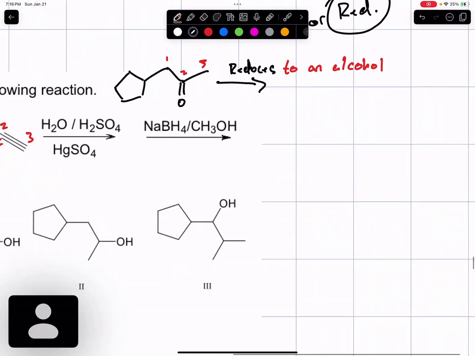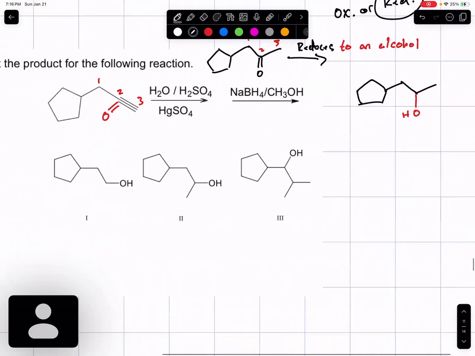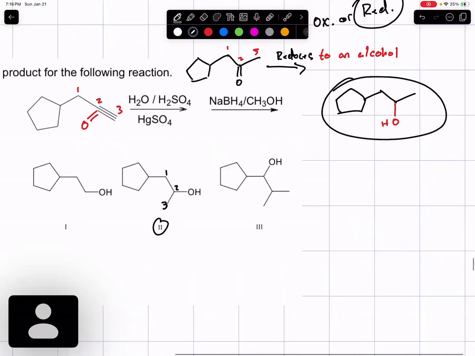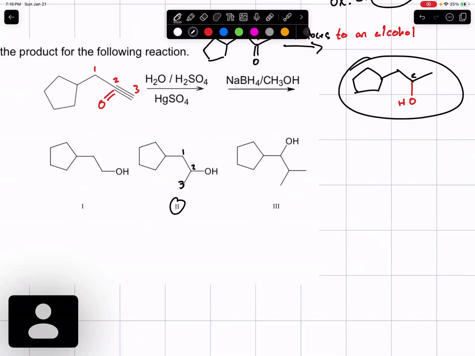So we see why one of these choices is correct or incorrect. Our product looks just like the 1 and 2, right? We made a carbonyl at 2, and then we reduced it to an alcohol. All right, cool. That's all fine and dandy.